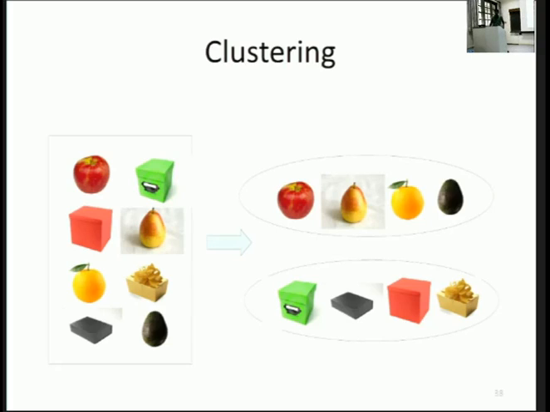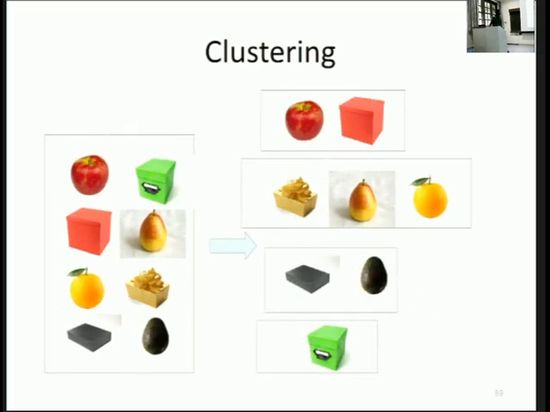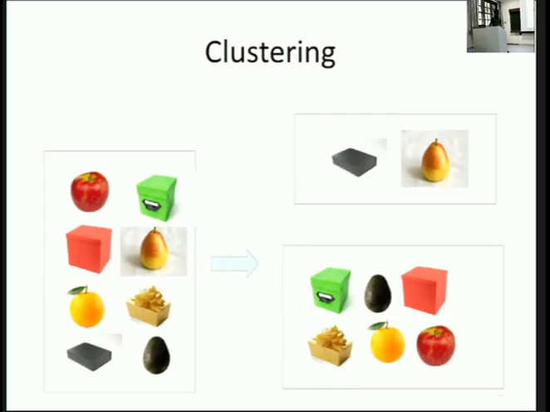Another way could be clustering the colors: the red, the orange, the black, and the green. And a third, not so good one, is that everyone has a white background, and this one doesn't. So all of this can happen.